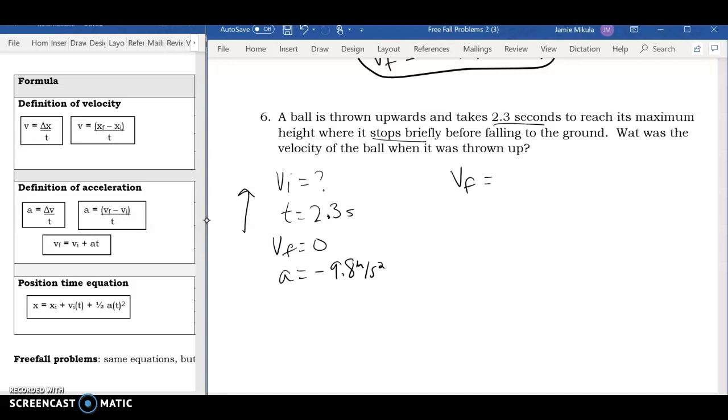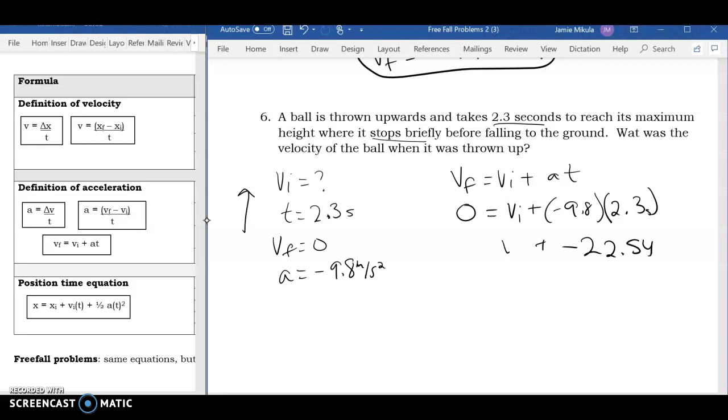So if I use this formula, VF equals VI plus AT, the final velocity is 0, the initial velocity we want to know, negative 9.8 and 2.3 seconds. All right, so negative 9.8 times 2.3 is a negative 22.54.